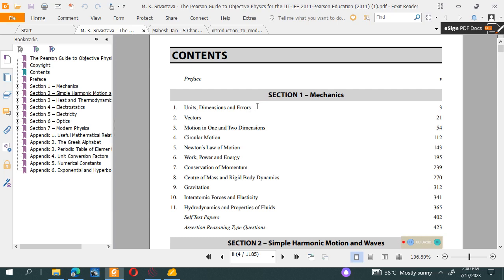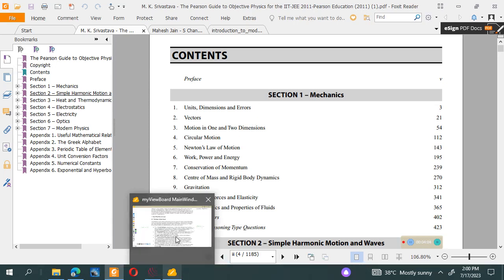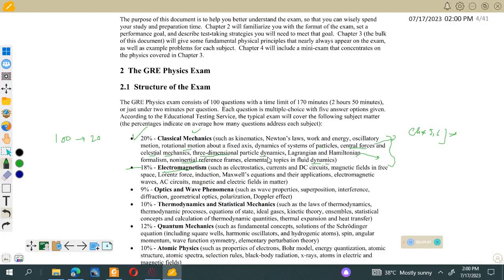So you have to overview them for basic or elementary mechanics, BSc level mechanics. And if you want to study topics like central forces, three-dimensional particle dynamics, Lagrangian and Hamiltonian, then you have to consult Classical Mechanics.